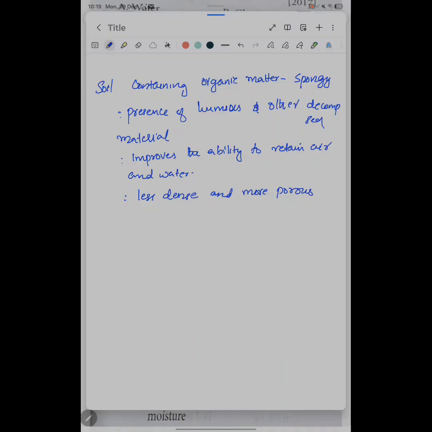So these are the reasons why soils containing organic matter are spongy, because they have the presence of humus and other decomposed materials. They are spongy in nature and they have the ability to retain air and water. They are less dense and more porous. Okay.